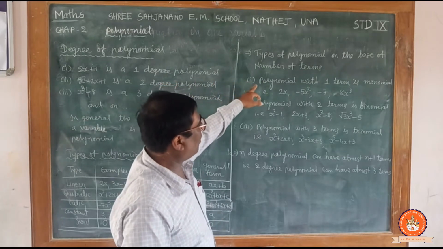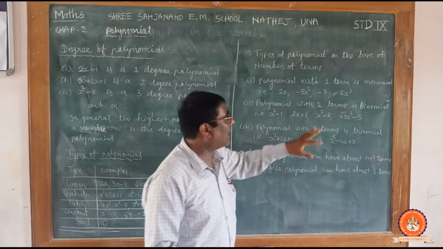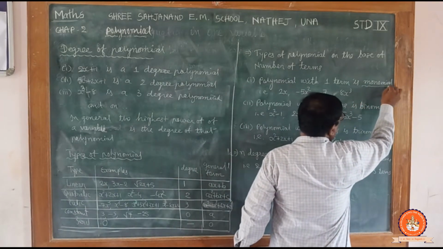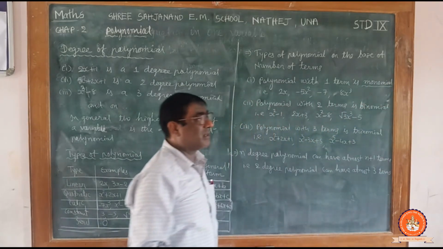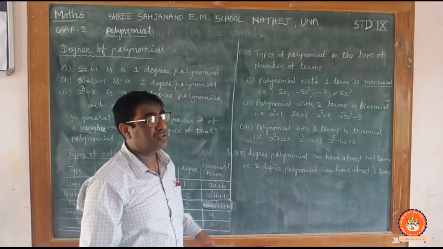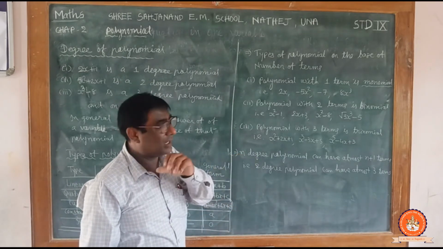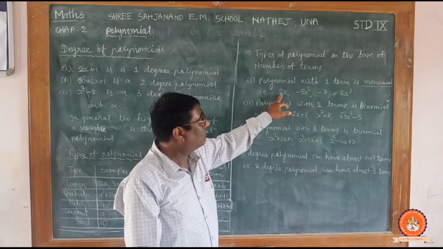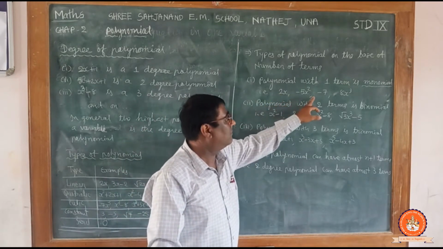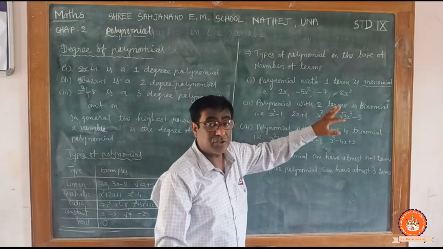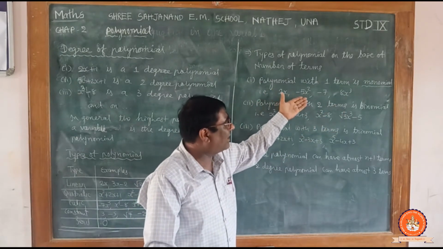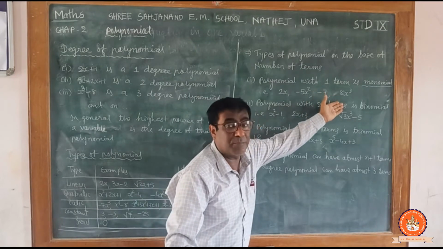Okay. So the polynomial with one term is a monomial. Mono means single, one-term polynomial, and this is called a monomial. Examples: 2x, minus 5x square, minus 7, 8x cube. So it can be a linear polynomial, a quadratic, a constant polynomial, or a cubic polynomial.